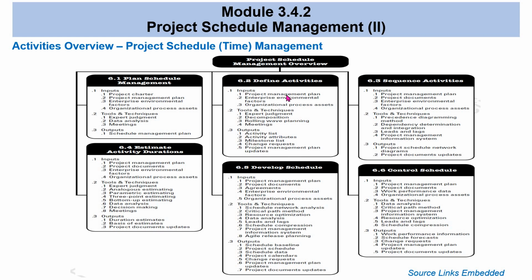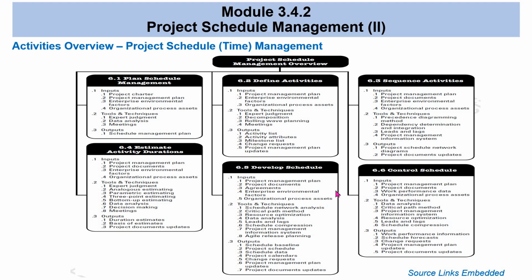And then you go ahead with sequencing the activities, how they follow each other, creating dependencies. You also need inputs for that, tools to manage that, and the outputs they bring. And then you estimate for each item the duration and how all that affects the rest. And then you put all this together and develop the whole schedule itself.